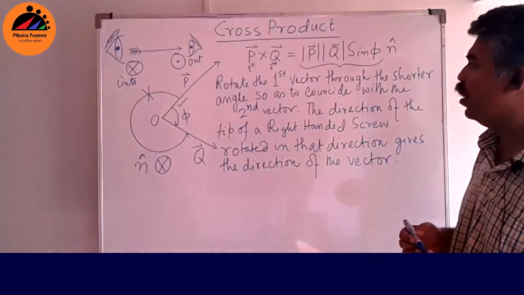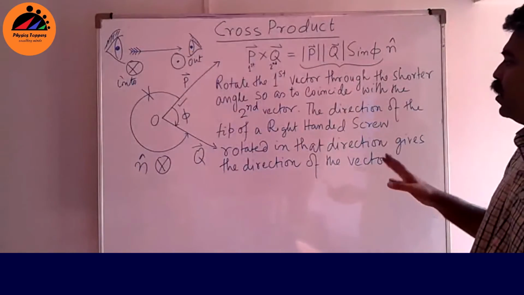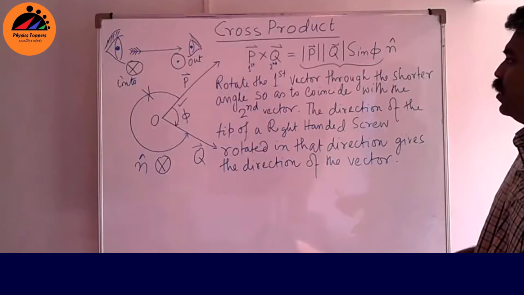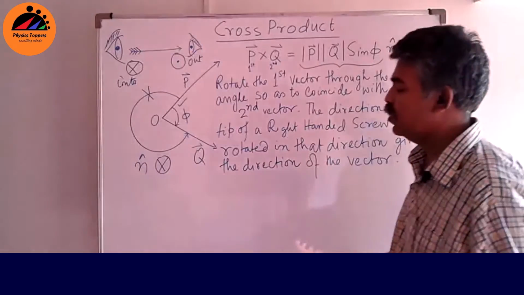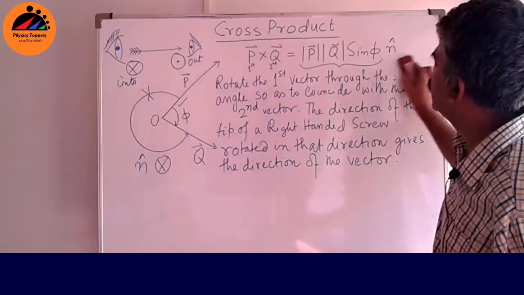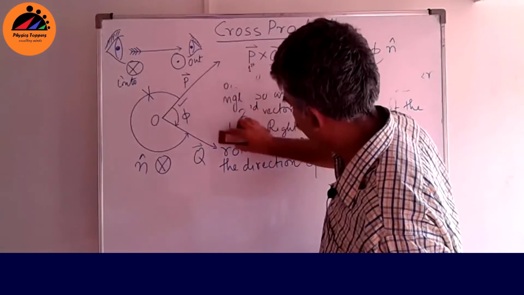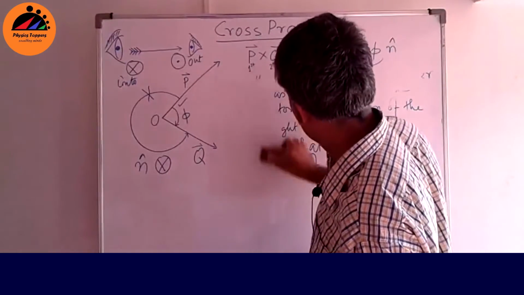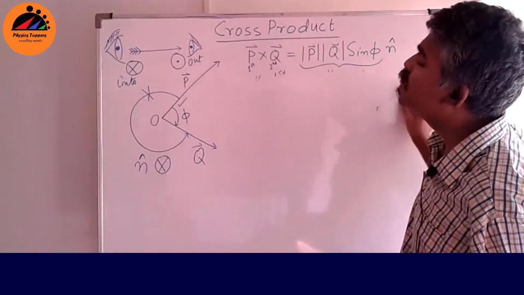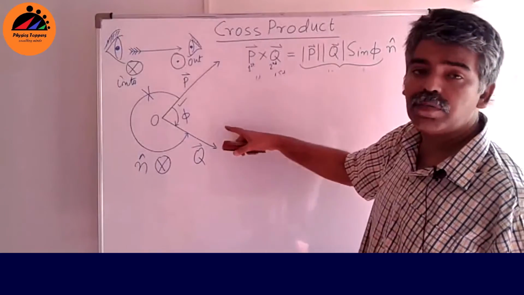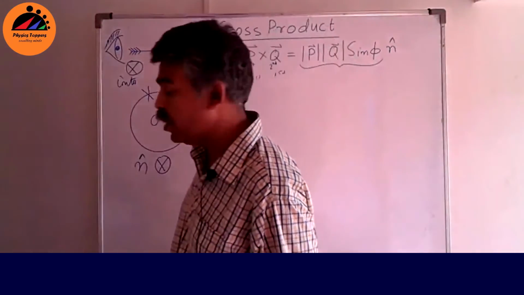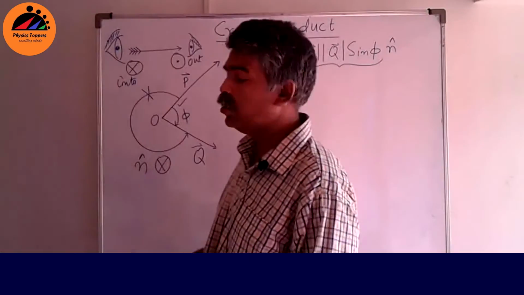I'll show you another figure. Let me draw another figure, then we'll be able to understand how the direction works. So let's erase this. You understand this P and Q is on the plane of the board, but I want to draw a 3D figure so that P and Q come out of the board.